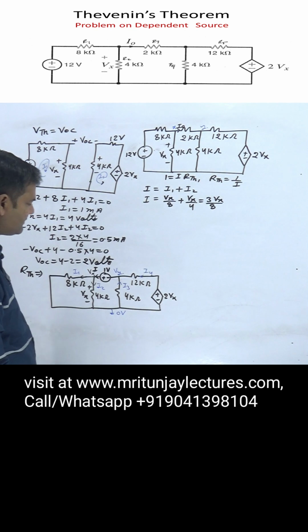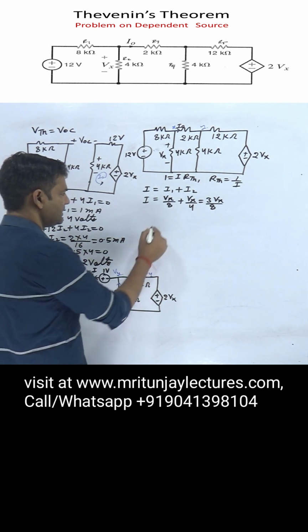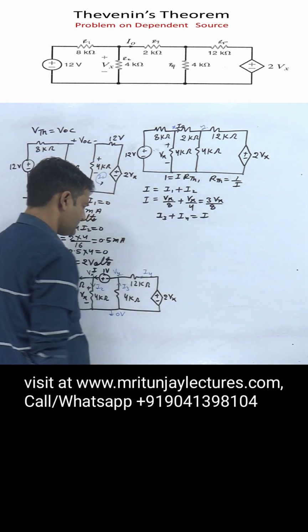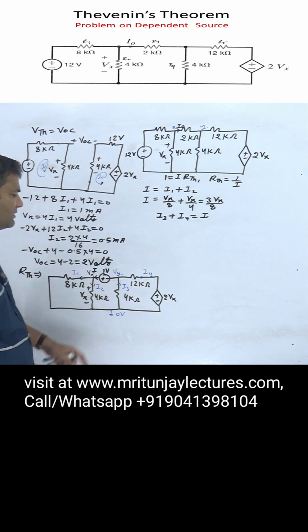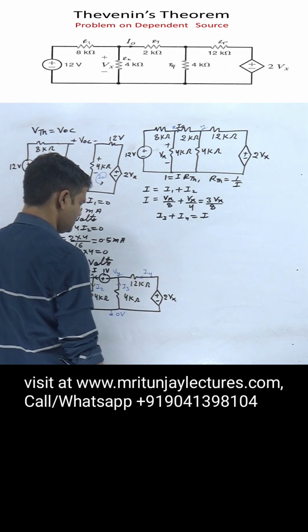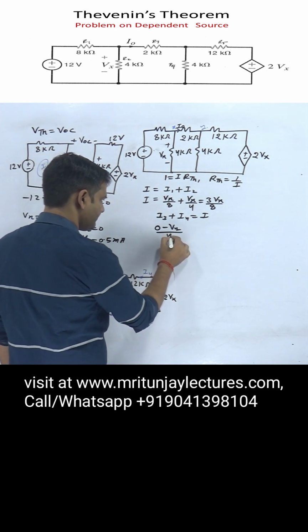Now the next target: I3 plus I4 equals I. What about I3? 0 minus Vy divided by 4.